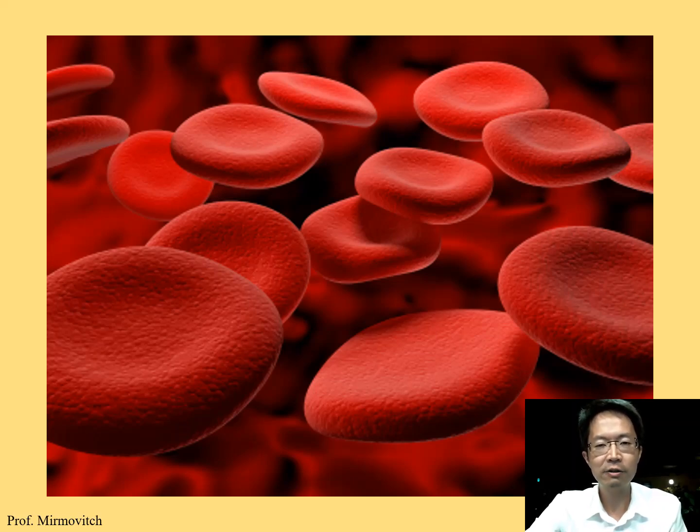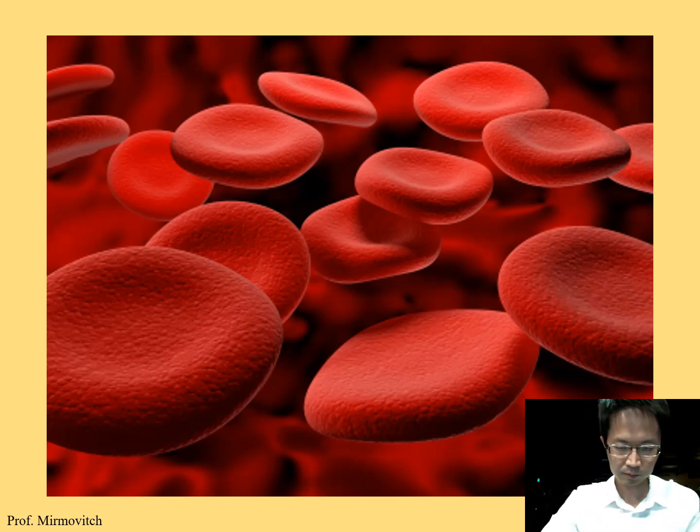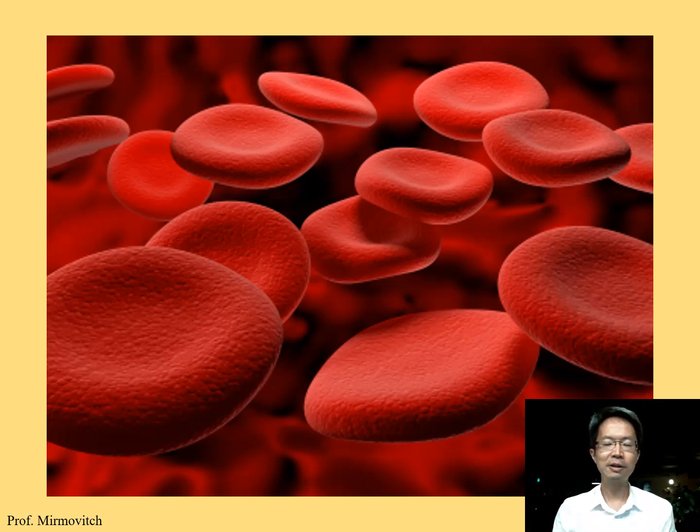Some of you may even know that red blood cells carry both oxygen and carbon dioxide. How do red blood cells carry oxygen and carbon dioxide? Inside red blood cells, they have millions of something called hemoglobin. Hemoglobin has a quaternary protein structure. We'll take a look at it right now.